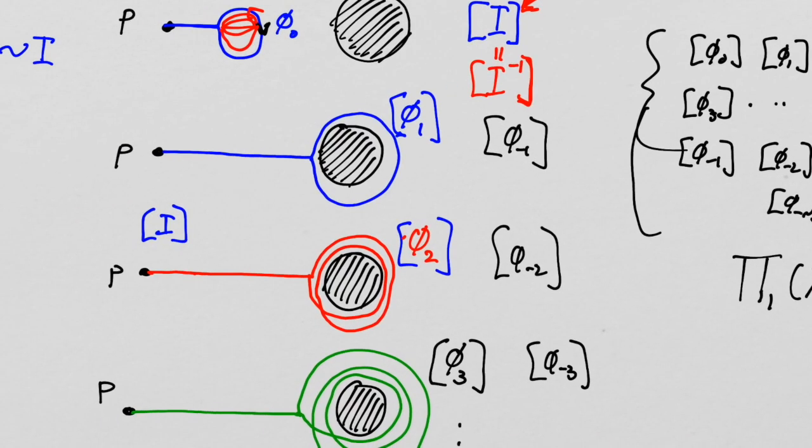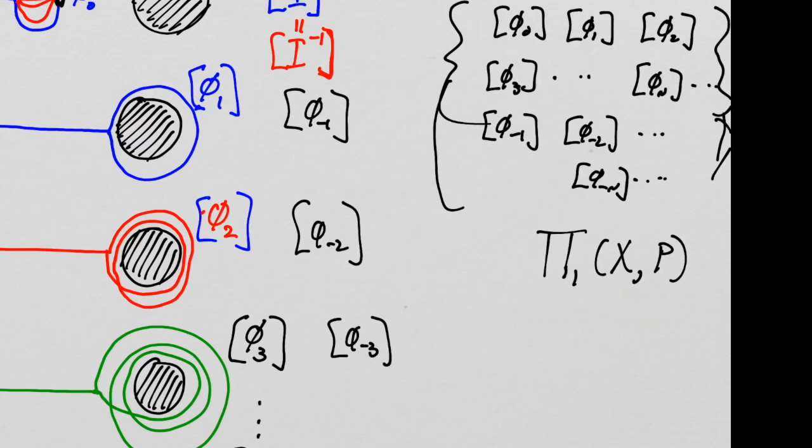Because remember, we had to pick this point P, right? Turns out that's not going to matter much for the spaces we're working with, but the set X is this plane with a hole in it, and P is the one point we've chosen. And now I've created the set of all the equivalence classes of paths that start and end at P and are homotopic with each other, right? The equivalence relation is homotopic, not homologous.